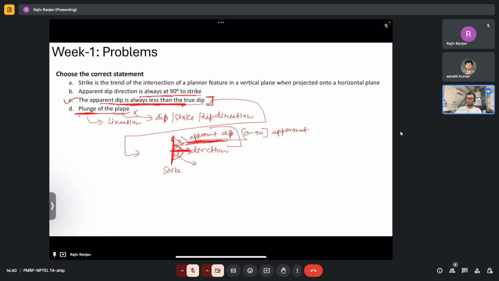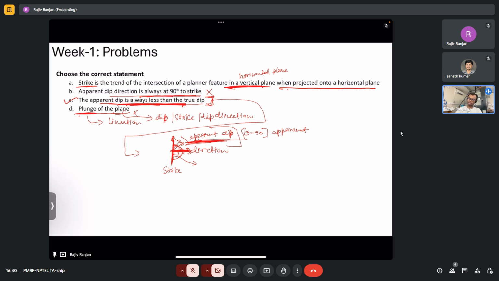Apart from this perpendicular to the strike direction, it will be apparent dip. So option B, apparent dip direction is always at 90, is incorrect. Look at the first option: strike is the trend of an intersection of a planar feature in a vertical plane when projected onto a horizontal plane. We learned recently that strike is measured on a horizontal plane, right? Not in a vertical plane.